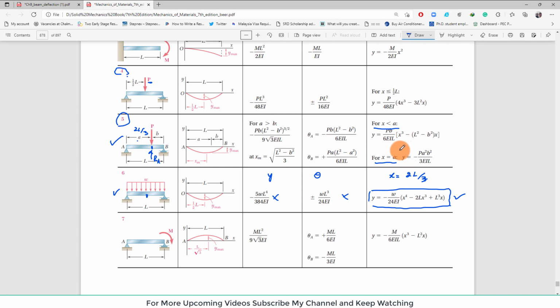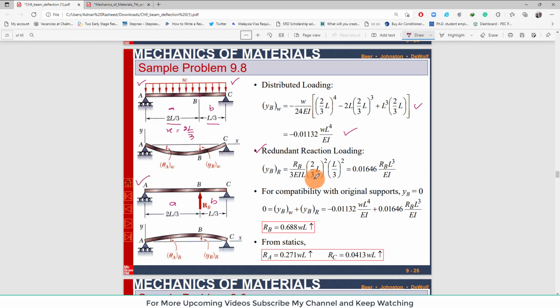Clear? So we will use this equation of elastic curve and we will replace A and B here. In our case A is 2L over 3 and B is equal to L over 3. So if you put the A and B values, you can see A is this one, this was A. So in our case it is 2/3 into L and B is L by 3.